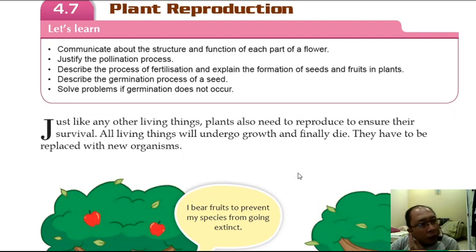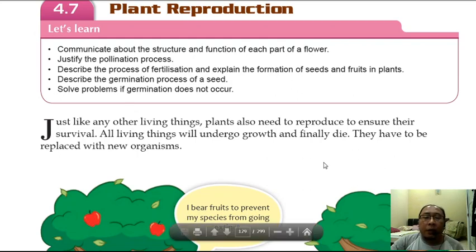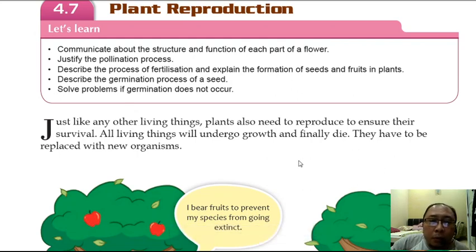So first of all, what you have to know is that the main organ in plants that takes part in the process of reproduction is the flower.